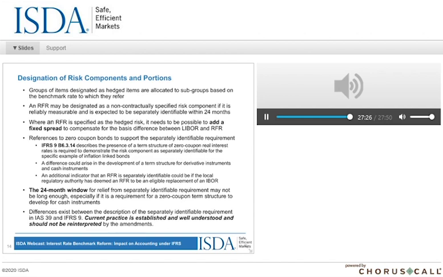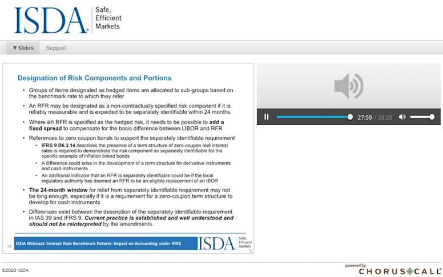This approach can be applied to groups of items that identify risk components or portions as the hedged risk. The relief means that the hedging instruments will continue to form part of the same overall hedging relationship, referencing the original IBOR and then the new RFR, and therefore allows the original hedging relationship to continue. The IASB will discuss the feedback on these proposals in detail at their meeting in July before finalising the requirements in this area for the Phase 2 amendments.